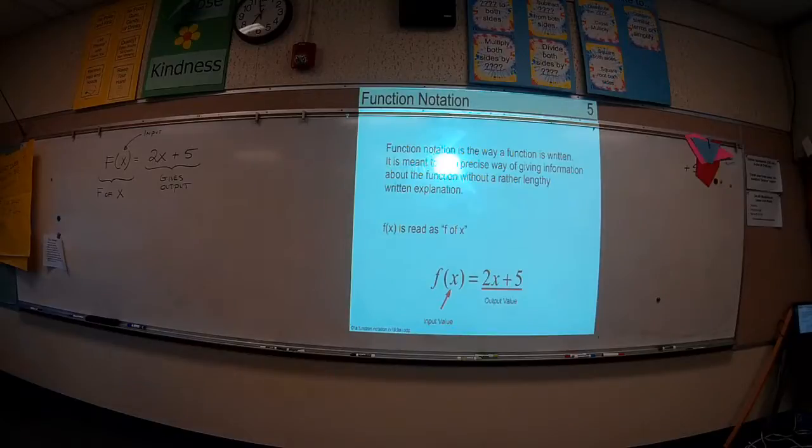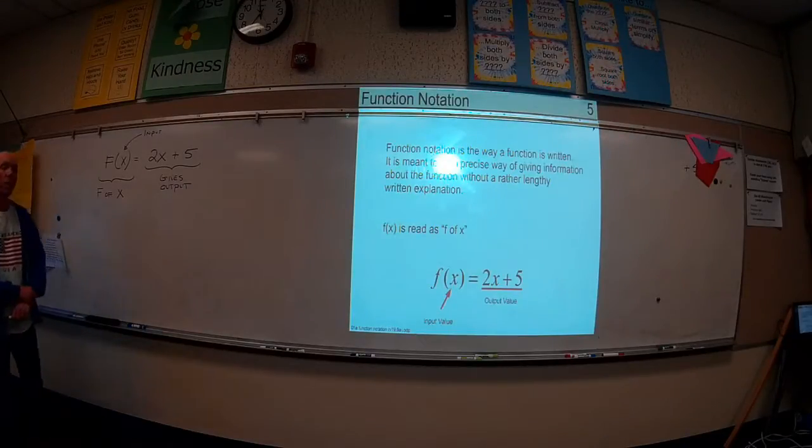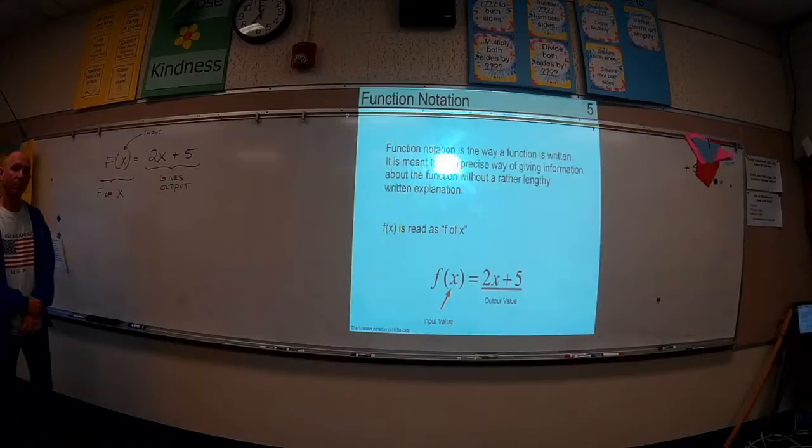Who thinks they know how it works? Okay. I'm going to give you a number, you tell me what comes out. 4. Good. You think you know how it works? I'm going to give you a number, you tell me what comes out. 1. 7. Jackson, you think you got it? -2. 1.